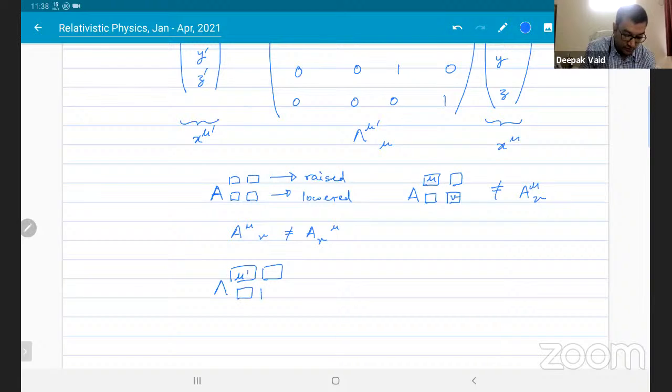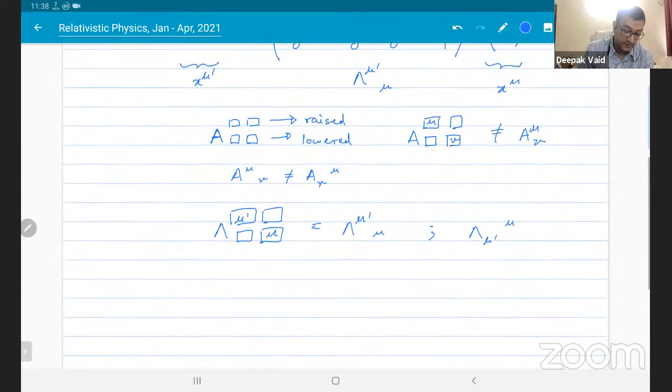I'm drawing these boxes for convenience so that you can see how to write it, but now just visually you can leave a gap. Alternatively, we will also see something like this later, with the first index lower and the second index raised, or you could have lambda mu prime mu. These are all different possibilities. But in this case and this case, you don't have to worry about spacing. It's kind of automatic. But here the spacing is important, okay? This space.